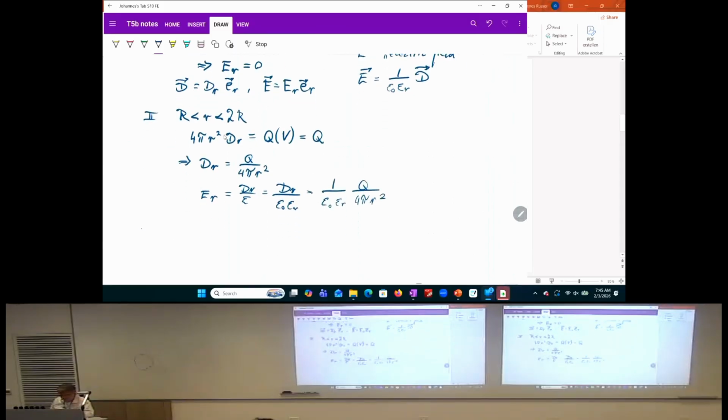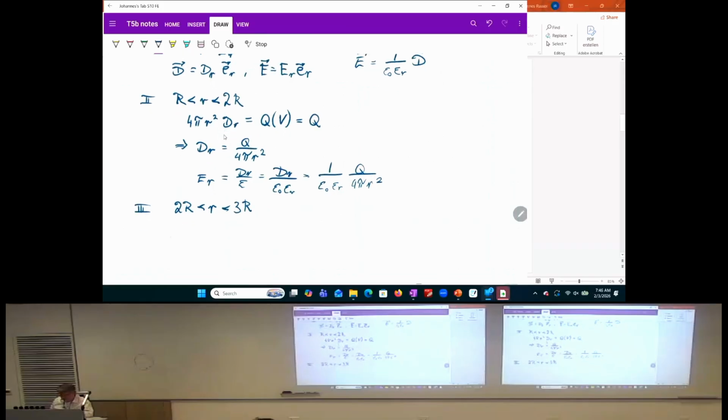So the third region is where r is larger than 2R, but still smaller than 3R. And that becomes now more interesting, because now our charge per volume, so we slowly let our control volume increase. We have an increasingly large radius for our control volume.